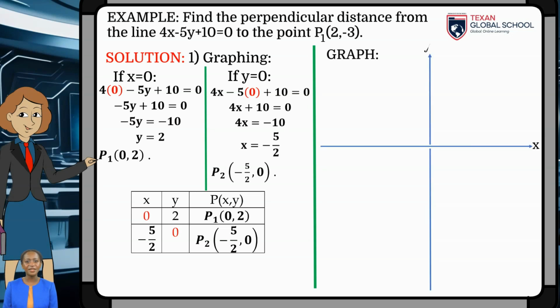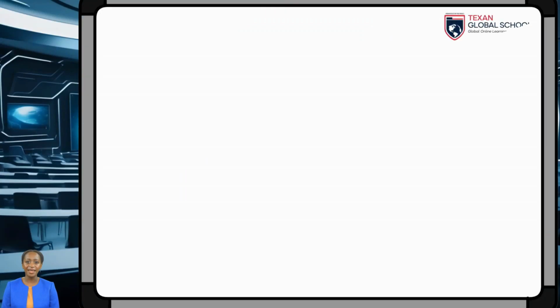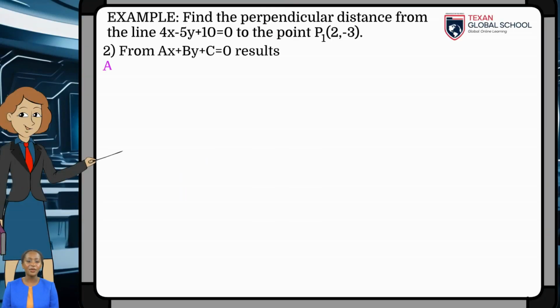Thus, the tabulation is shown with the 2 points to be able to graph the line 4x minus 5y plus 10 equal to 0, and the point P1 with coordinates 2, -3. Remember that the distance is perpendicular from the line to the point. Now, from the general form of the equation of a straight line ax plus by plus c equal to 0, it results that a is equal to 4, b is equal to -5, and c is 10.